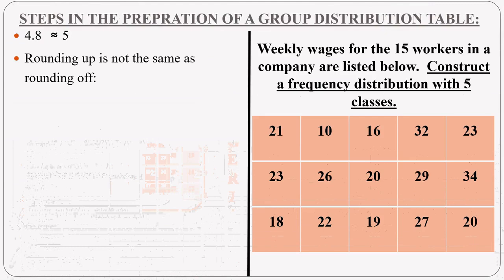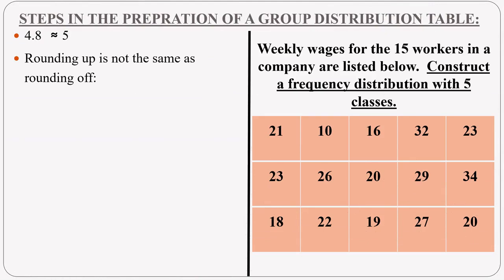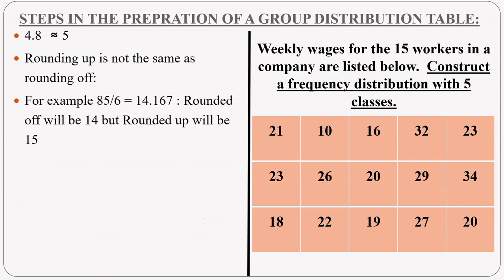Rounding up is not the same as rounding off. I'm giving a simple example to understand. This is just an example, not connected with this problem. Suppose you get 85 by 6, 14.167 will be the answer.